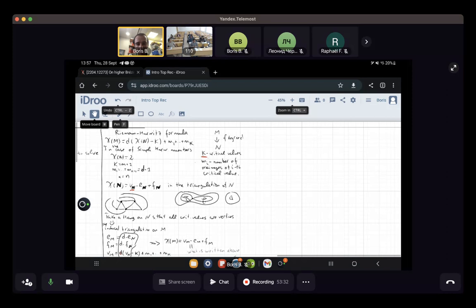And now if we look back at the simple Hurwitz numbers, what we get? We'll get something like this: 2 minus 2g is equal to d times 2 minus this red sum, minus this.